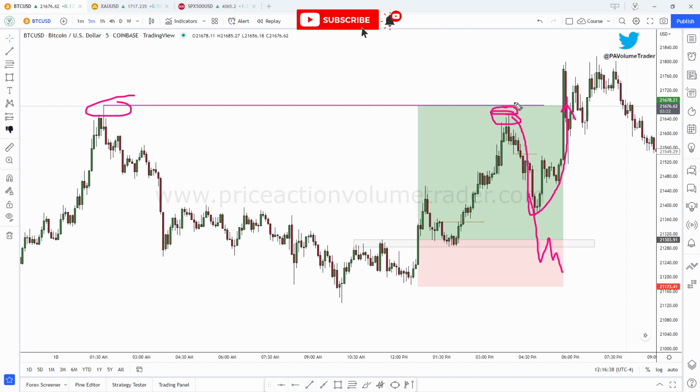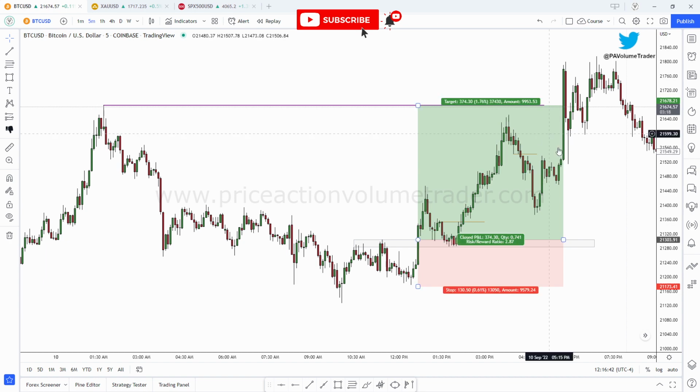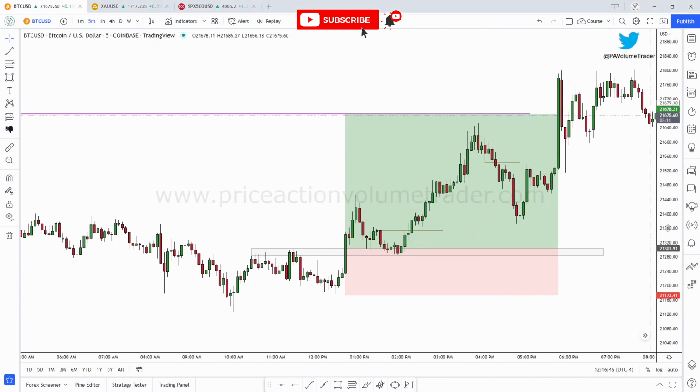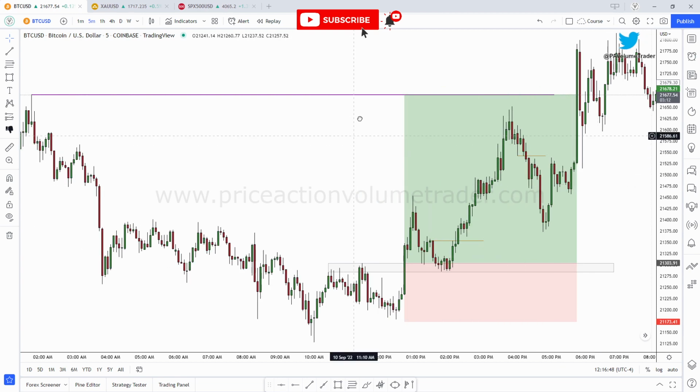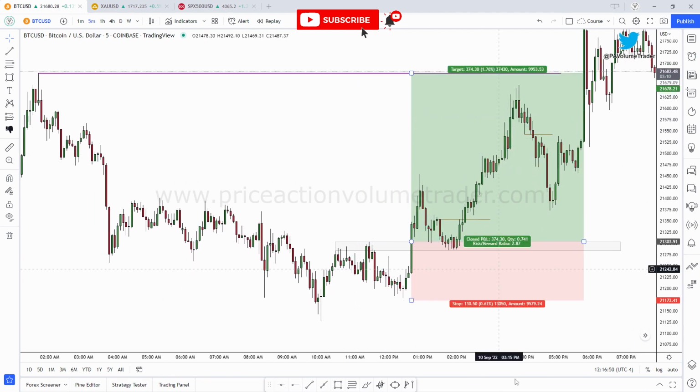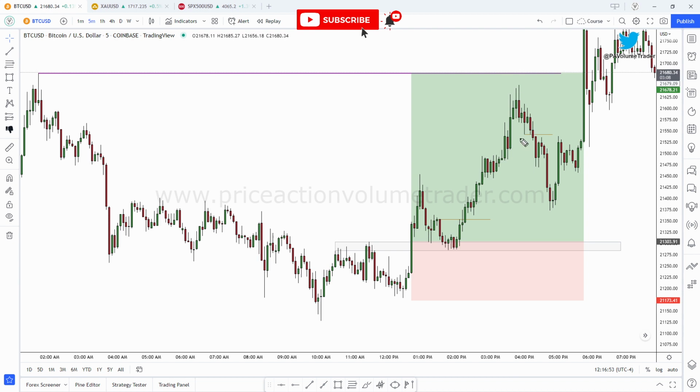So once you're about 90-95% to a target, if you're monitoring this, you really want to either drill down into lower time frames or just pay attention on your current time frame for signs to get out. In this case, I have it marked here. You can see how we've been making higher highs and higher lows.